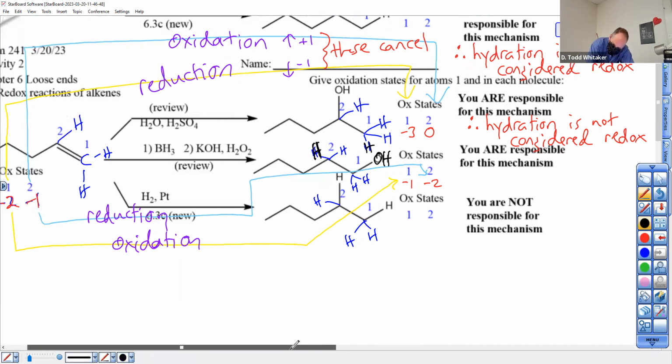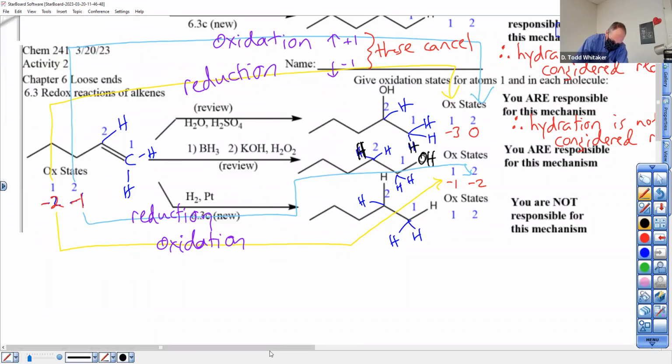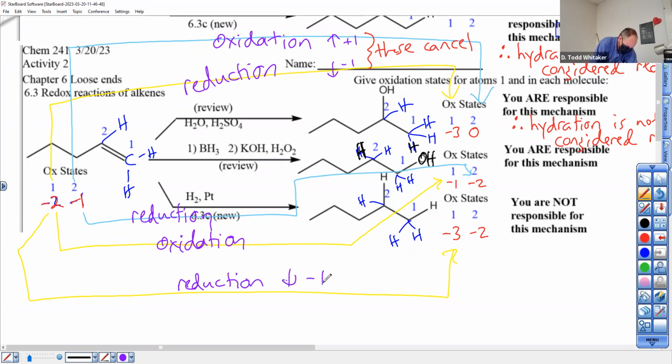But our next one, which is a new reaction, I believe you're going to have a -2 for 2 and -3. So yellow for 1 went from -2 to -3. You call that reduction. It went down by -1. And in baby blue, for 2, -1 and -2 is also called reduction. Uh-oh.